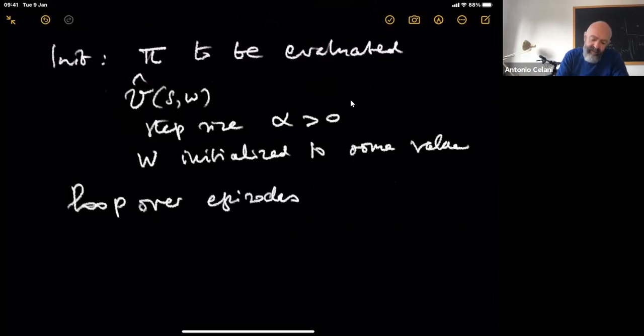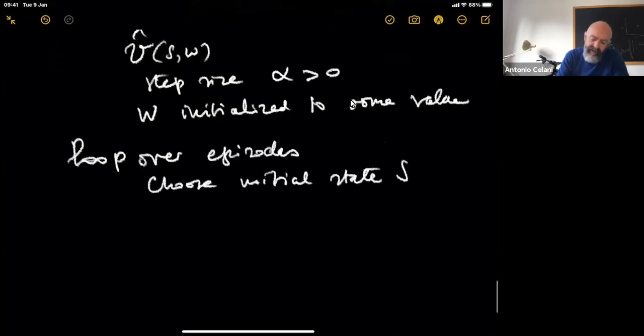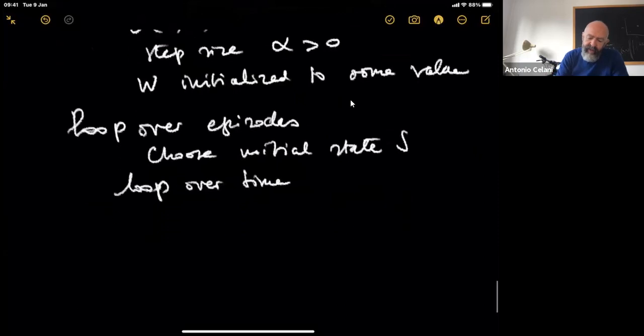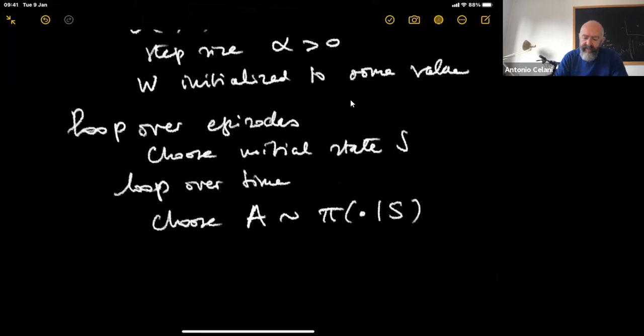And then you choose an initial state S. And then you have a loop over time inside an episode in which you choose an action A according to your policy for that particular state.